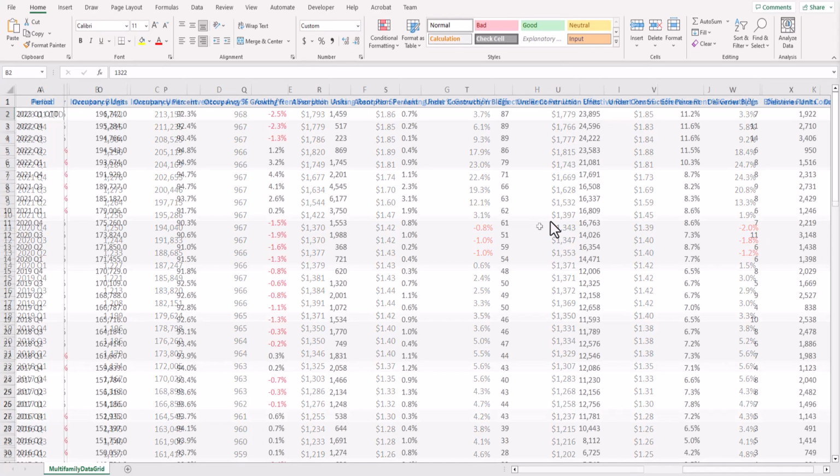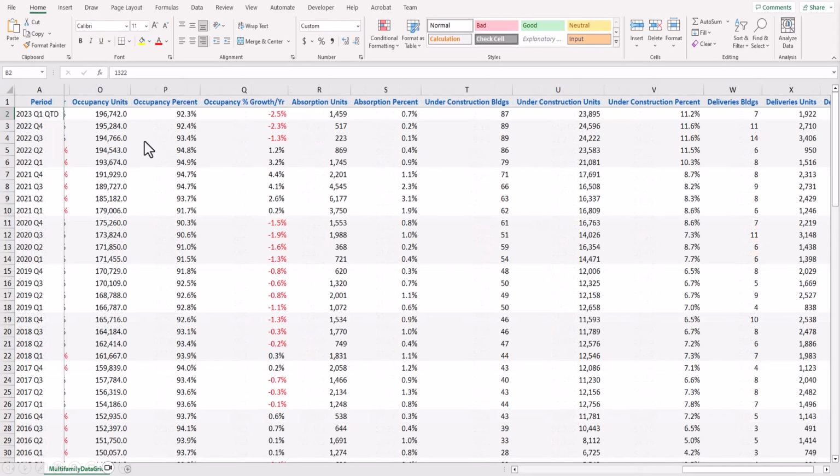If we continue over, we can also see that our occupancy was decreasing as those rents were decreasing. So that shows the fundamental principle that as occupancy decreased, rents decreased. You can see over here that we delivered 1,500 units in the first quarter, 950 in the second, 3,400 in the third, 2,700 in the fourth.